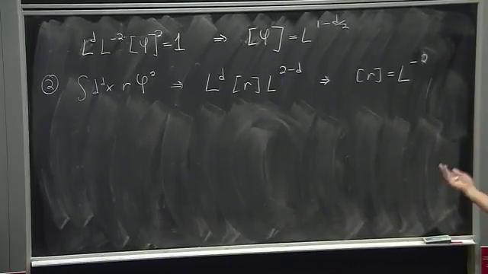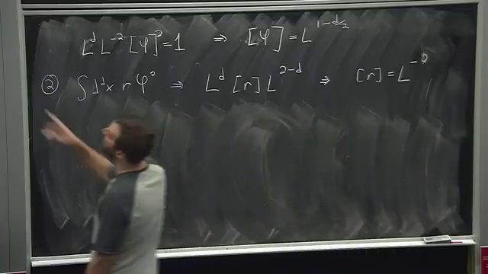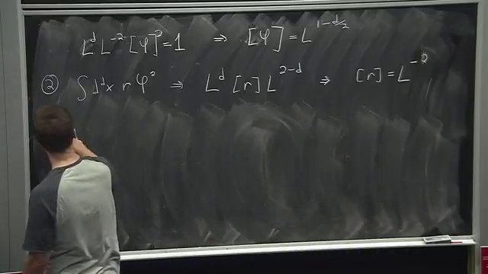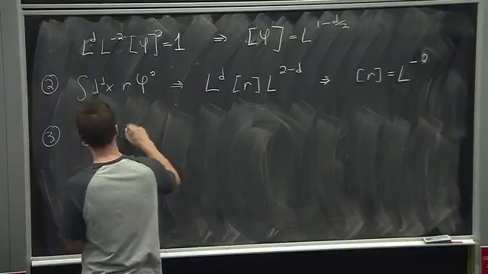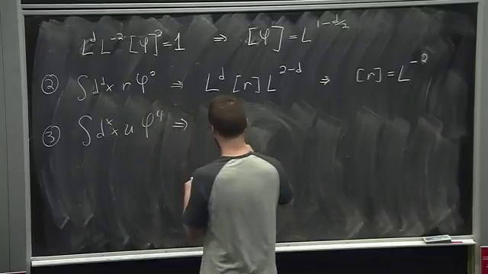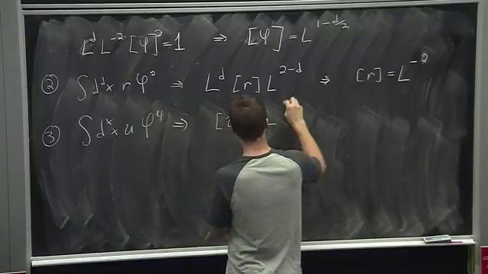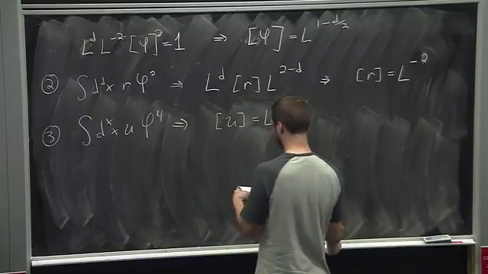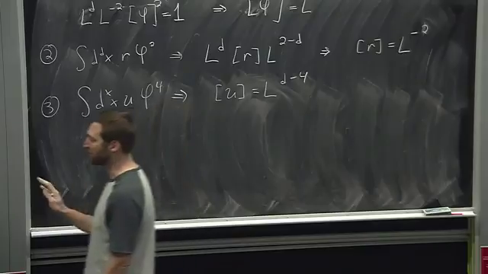So we can define our length scale in terms of that. And the third term, the phi 4 term, u is the thing we've got to worry about. But now we see how it works. Let's do the same thing. We get the dimension of u, d minus 4. So we can rewrite S in terms of dimensionless variables.